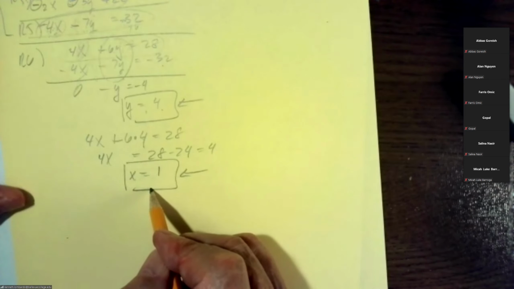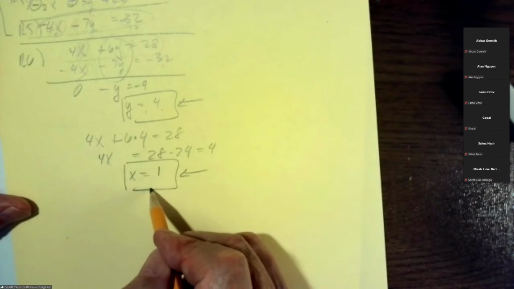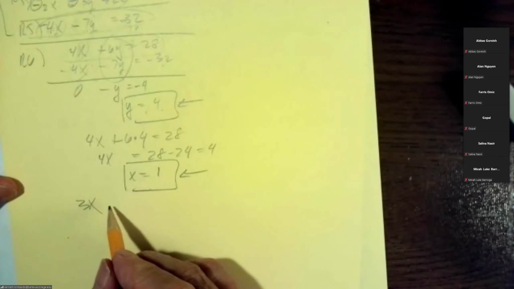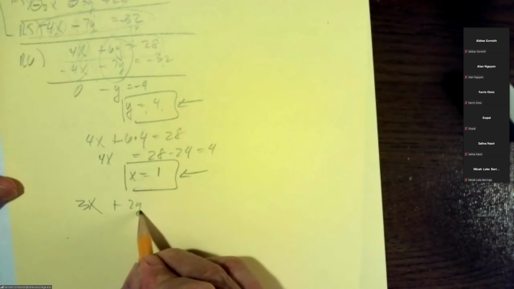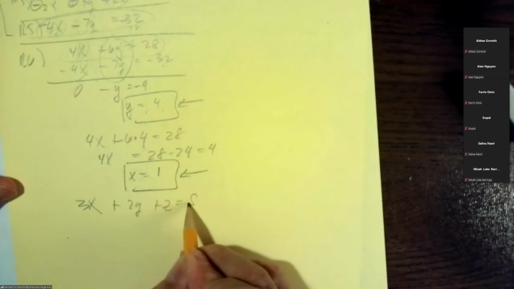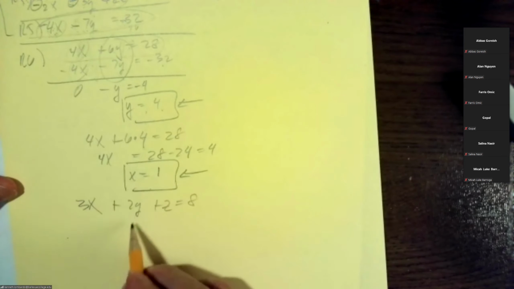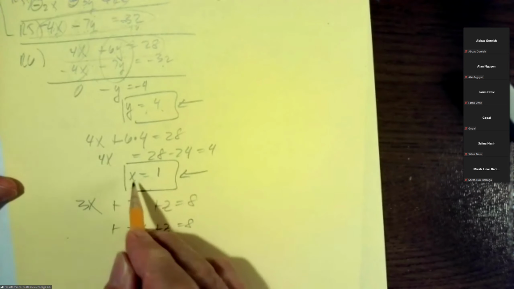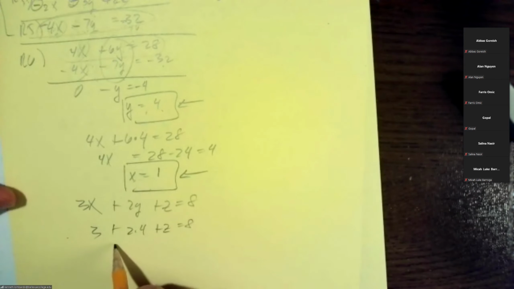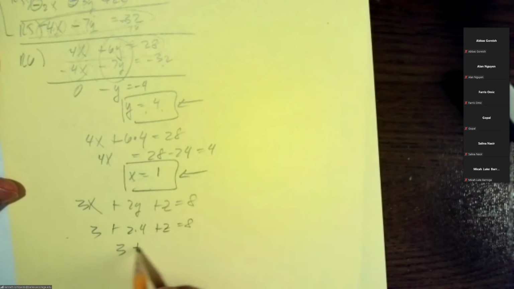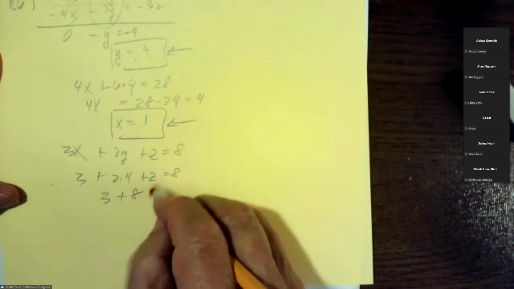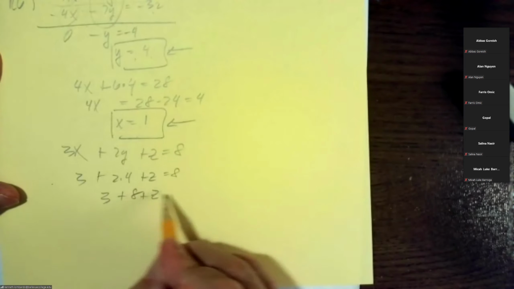And now I need to solve for the last variable by substituting back in. I could take any of the equations I want, so I take equation 2, which is 3x plus 2y plus z equals 8. If y equals 4, 2 times 4 plus z equals 8, and 3 times x, which is 3, that tells me 3 plus 8 plus z equals 8.